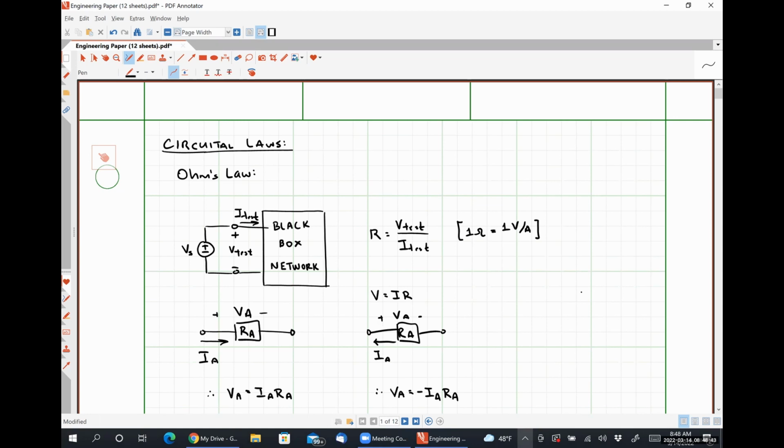If we take it to be current over voltage, we get conductance. It's literally the exact same thing, just the opposite relationship. They fulfill the exact same role in circuits because they are the same thing, just looked at in a slightly different way. Does that make sense? Yes. Okay.